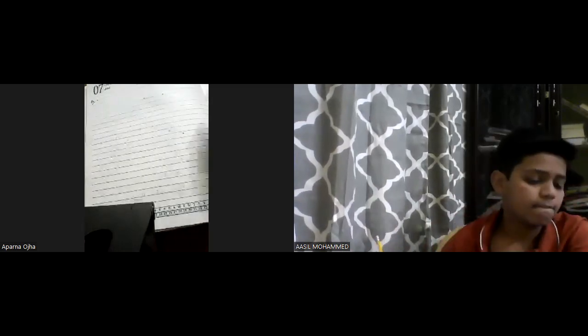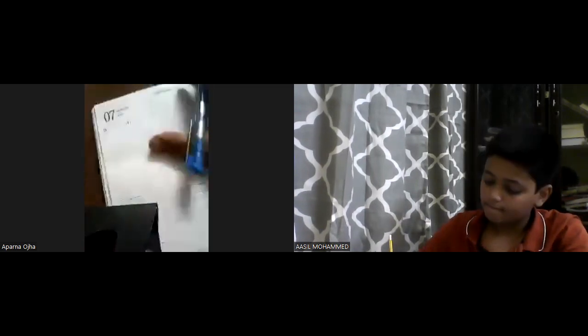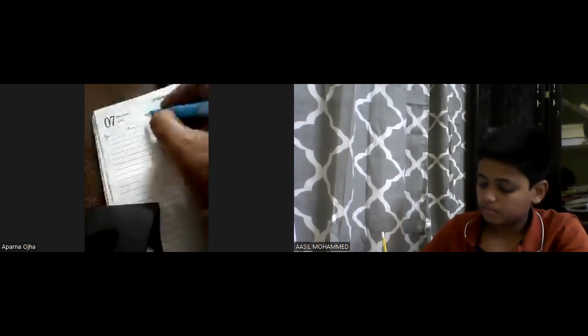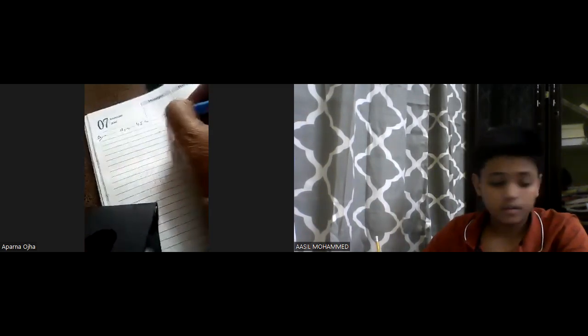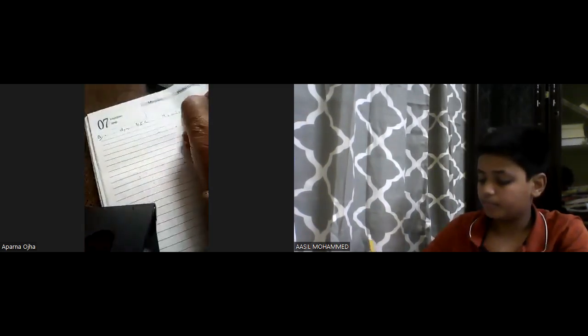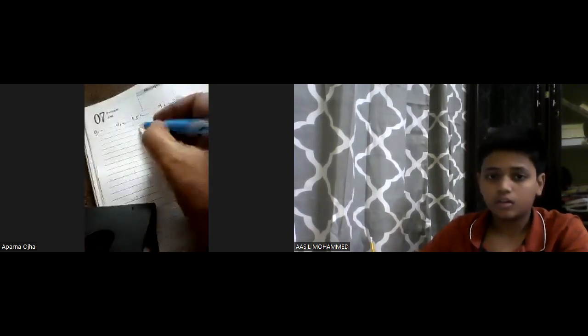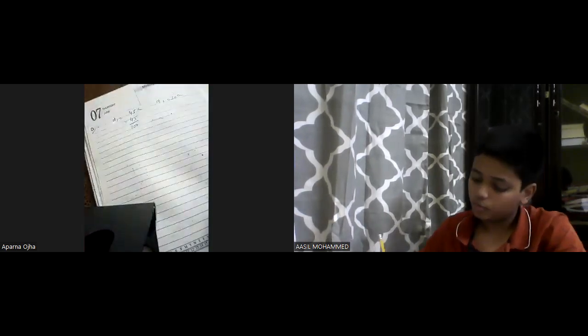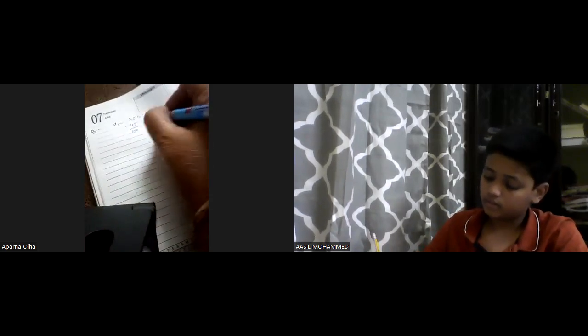So what can we find first? First, we can convert the diagonals from centimeter into meter. The first diagonal is 45 centimeter. The second diagonal is 30 centimeter. So we can convert directly into meter. 45 centimeter, how can we convert? 45 divided by 100, 0.45 meter.